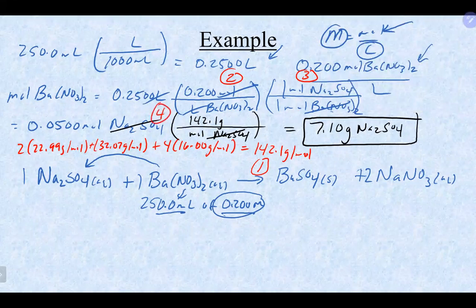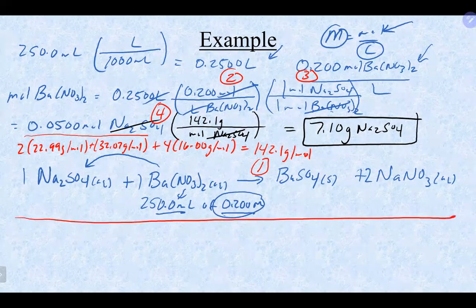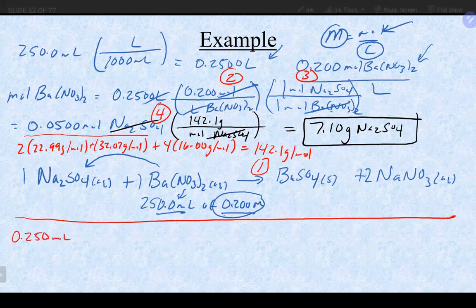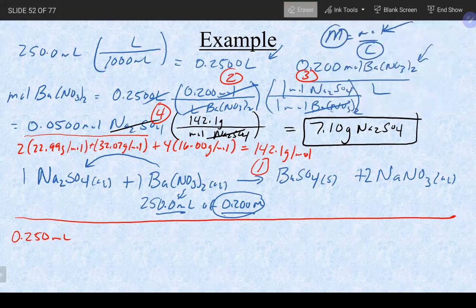First off, any questions on any of those steps? We're also looking in this problem for how much barium sulfate we would make, right? So we could do the second part of the problem by picking it up with our moles of really anything. We could do the moles of our sodium sulfate or the moles of our barium nitrate. So for the second part, we'll just pick back up with our moles of barium nitrate that was given to us.